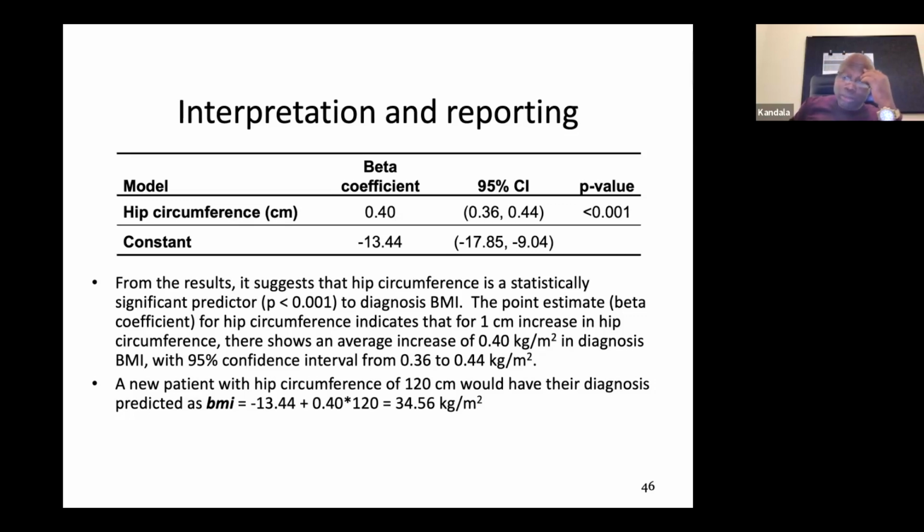Sometimes people put the F statistics, sometimes people put all information that is not really required. But in reporting in scientific journals or in conferences and so on, there are some good practices that you need to adhere to.